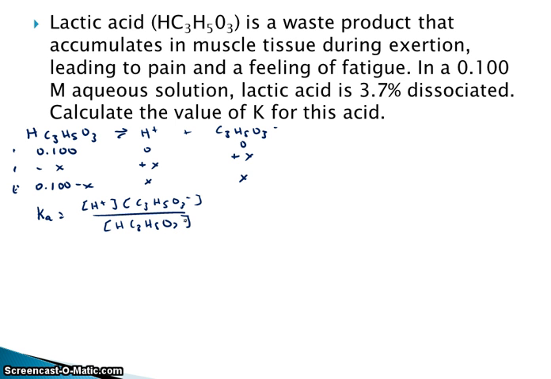We don't know Ka this time, so we're going to have to work the problem backwards. And we're going to do that by looking at the percent dissociation. It tells us in the problem that it's 3.7% dissociated. So 3.7% equals the amount of acid that dissociated over the initial concentration times 100.